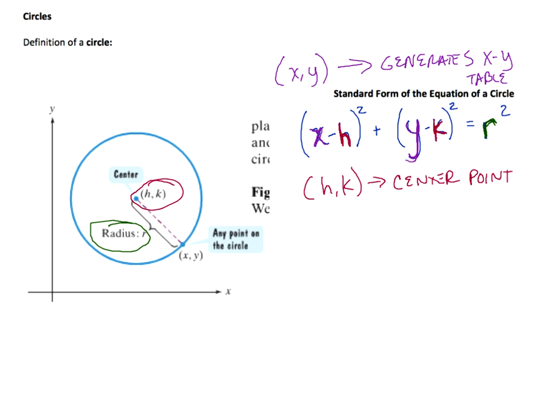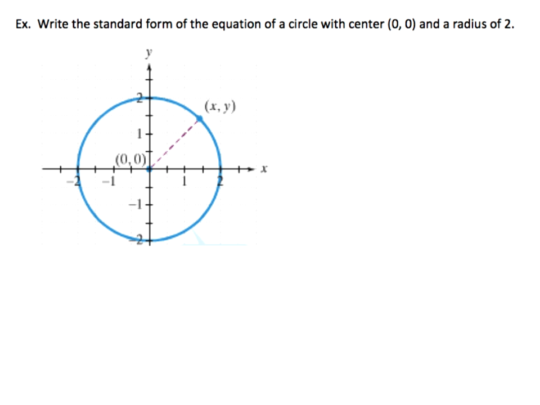All right, so (x minus h) squared plus (y minus k) squared equals r squared will give you the equation of a circle. So if you have a circle that has a center at 0, 0 with a radius of 2, to write the standard form for the equation of that circle, I just need to fill in the blank.